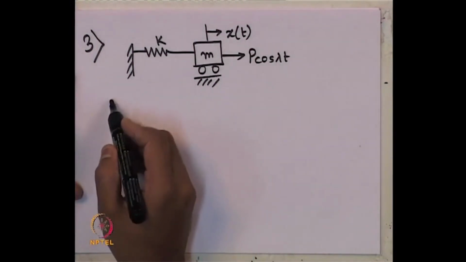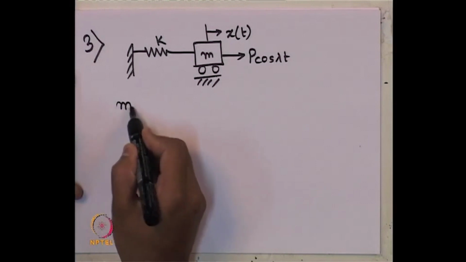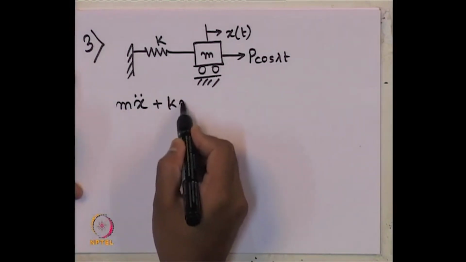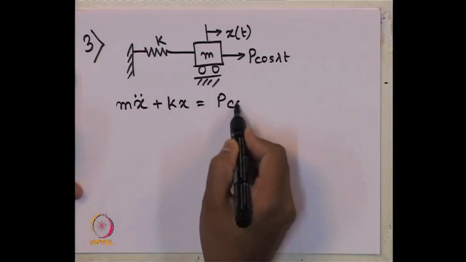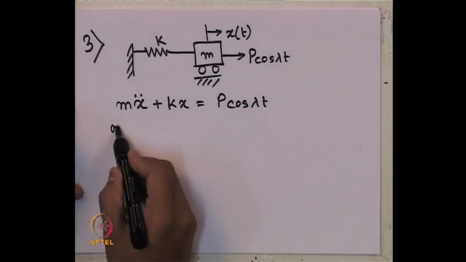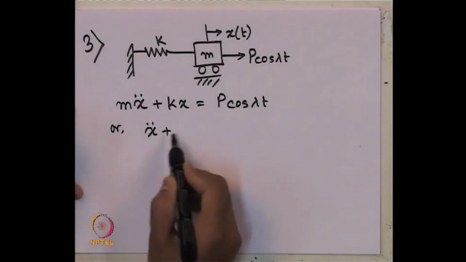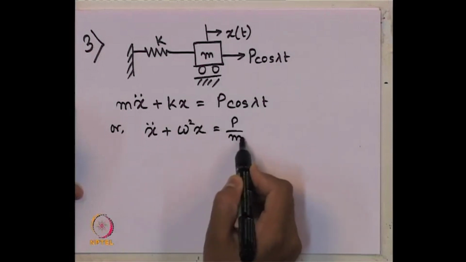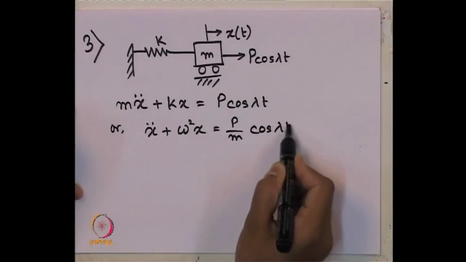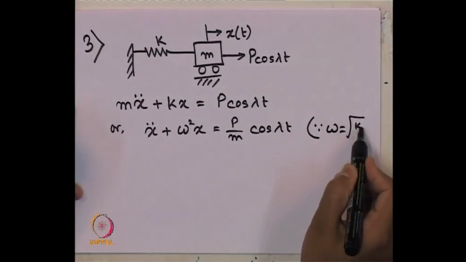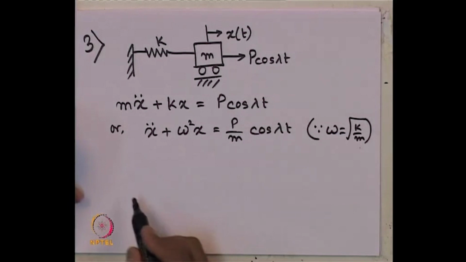So, what we know, the equation of motion is given as m x double dot plus k x equals p cosine of lambda t, or x double dot plus omega square x equals p by m cosine of lambda t, where this omega is root over k by m, the natural frequency.